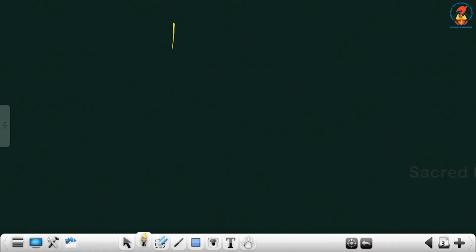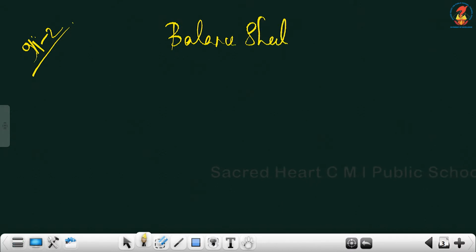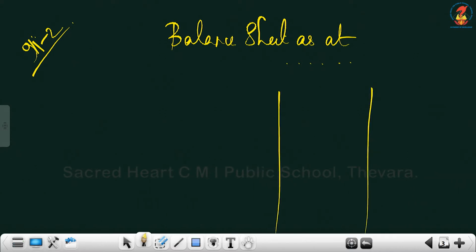So now we'll start. You give the heading. This is illustration 2. Balance sheet as at, give the date, particulars, note number and amount.